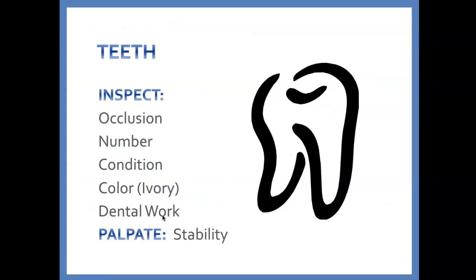The teeth, we just do some general inspection, look for any occlusions or any problems with the teeth. The number of teeth, again, we're not going to focus on this in a normal daily head-to-toe assessment unless this is part of the problem. Working as an ER nurse, I can tell you that dental caries or dental abscess, problems with the teeth, we see those frequently in high volumes in the emergency department.